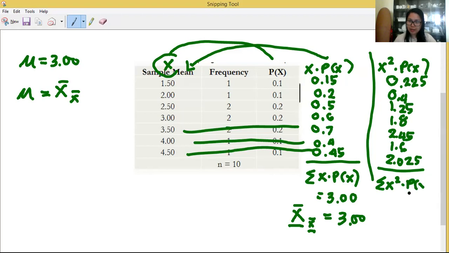If we are going to add this column, the answer will be 9.75. Now, how do we solve for the variance of the sampling distribution? To solve for the variance of the sampling distribution, actually it's still sigma squared.